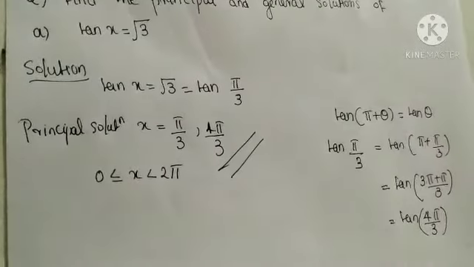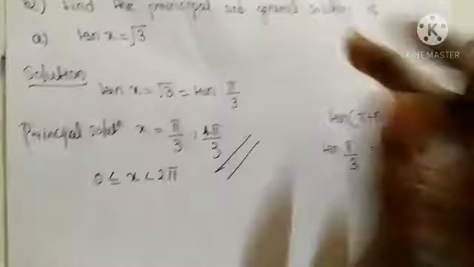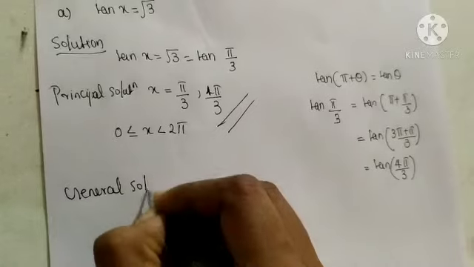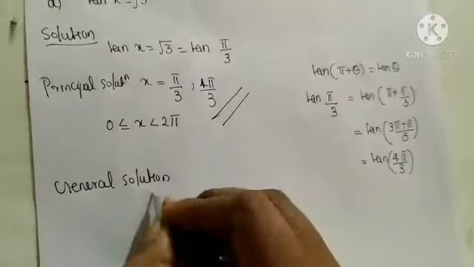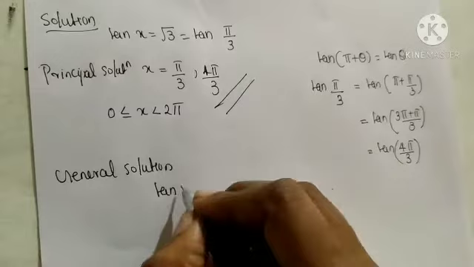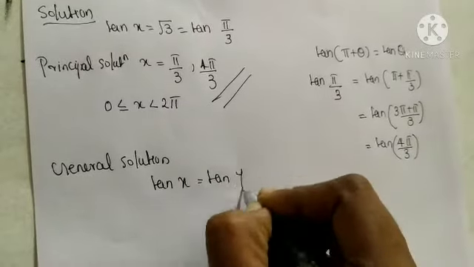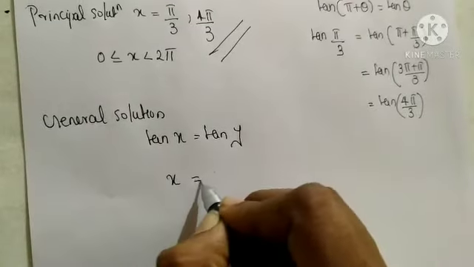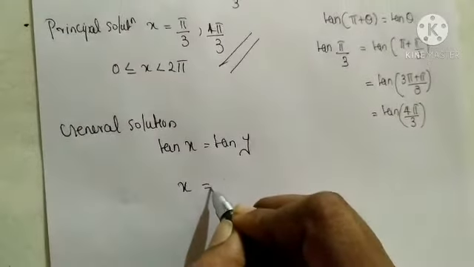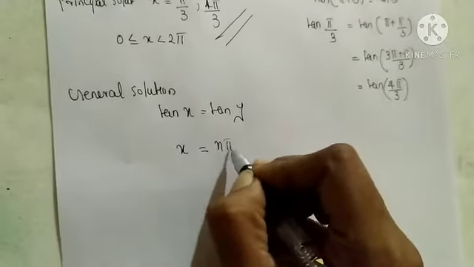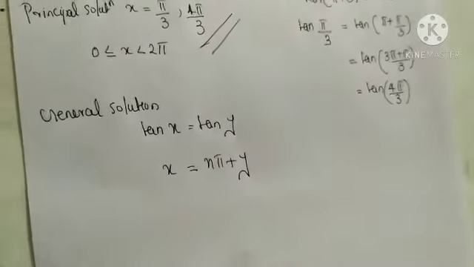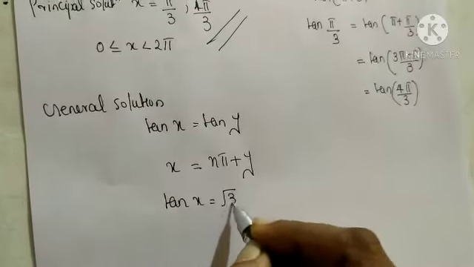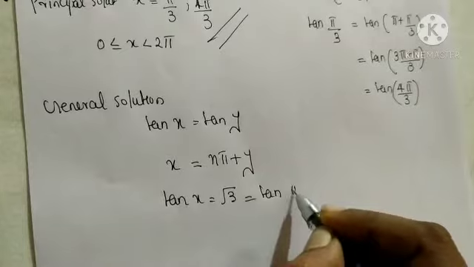Next, the next part of the question is we need to find out the general solution. So general solution, we know that in a general solution of tan x equal to tan y, general solution x equal to n pi plus y, right? So here given that tan x value is root 3, so this can be written as tan pi by 3.